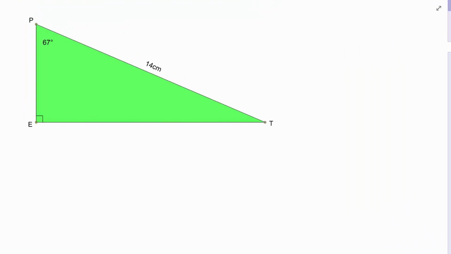So if we said the sine of 67 degrees is opposite over hypotenuse, that opposite side is this little p here. So we have little p over 14, that is opposite over hypotenuse. Solving for p, we need to multiply both sides by 14. We get 14 times the sine of 67 degrees equals p.